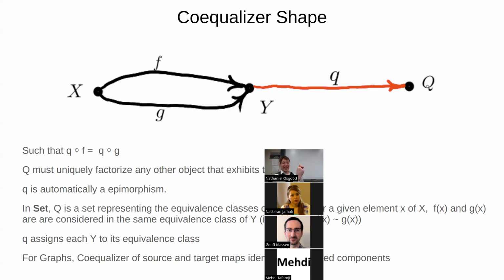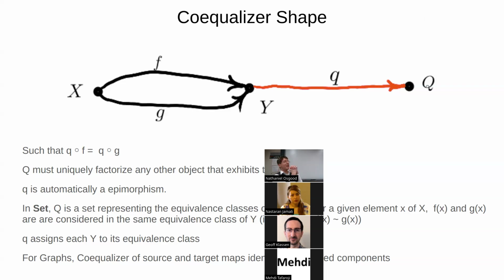And similarly, if an edge in graph X gets mapped by F into an edge in graph Y between the appropriate vertices, but G maps that edge to a different edge in Y between those same vertices.